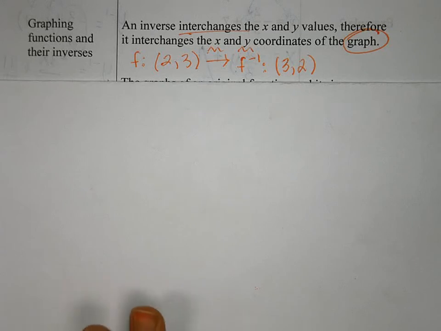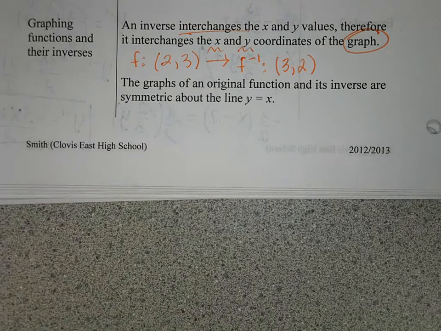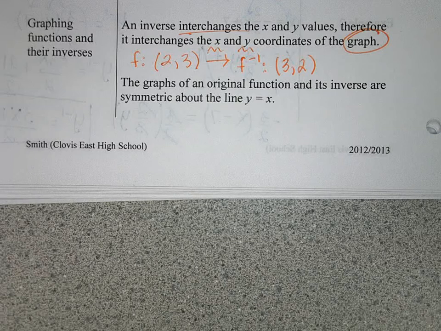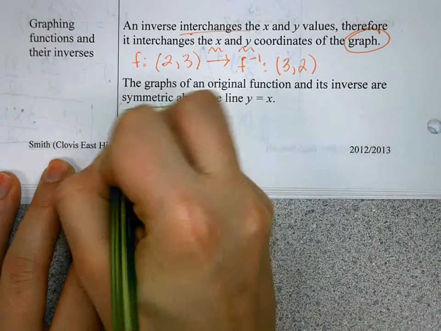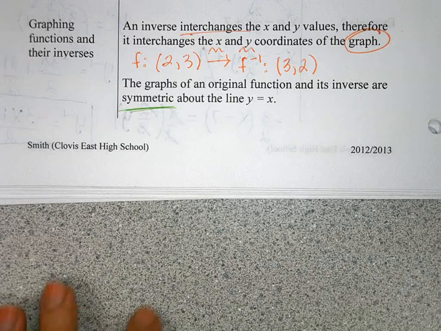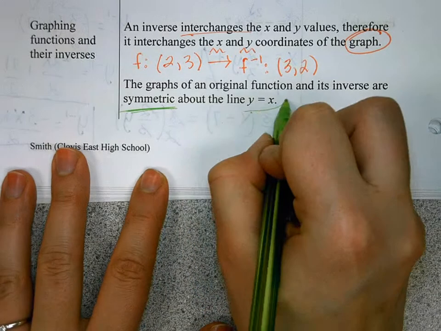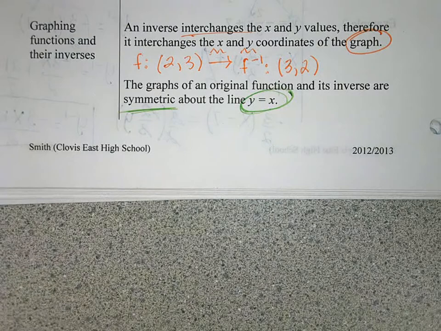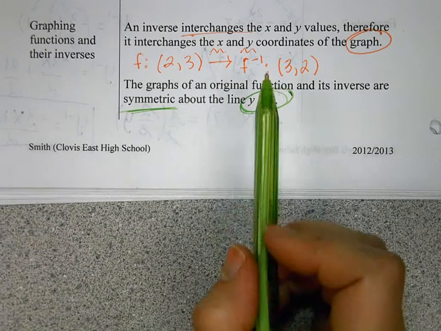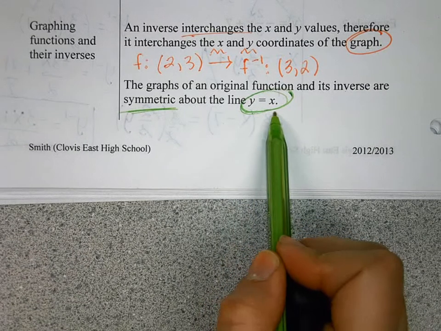One other note we have to make about the graphs. The graph of the function and the inverse are actually symmetrical. And they're symmetrical about the line y equals x. So the line y equals x is a diagonal line going through 0, 0, and it has a slope of 1. So when you're just drawing a line on a graph through 0, 0, it's most likely the y equals x line.